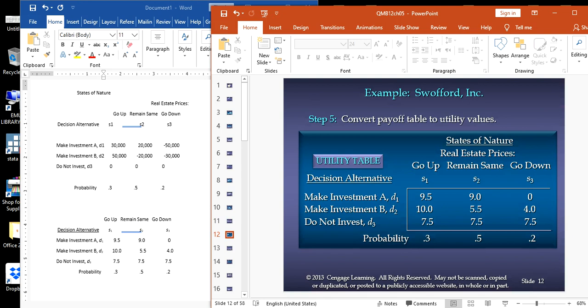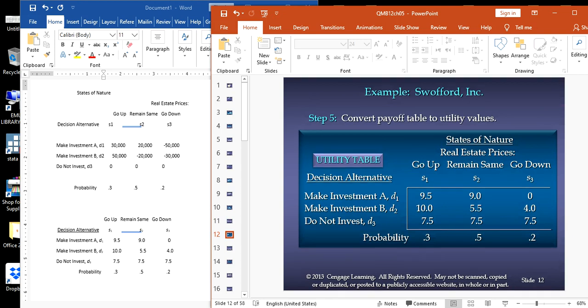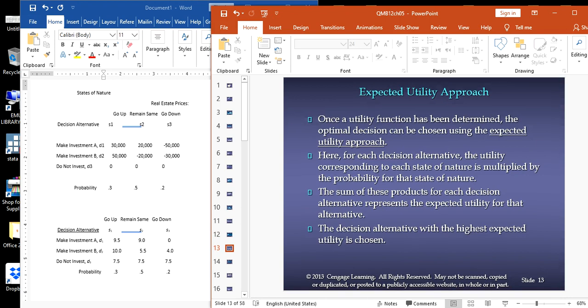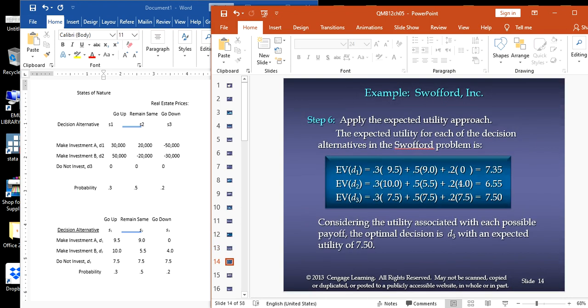Here's the table as we have here, and here's the expected value of the utilities. Decision 1 we have 7.35. Decision 2 we have 6.55.